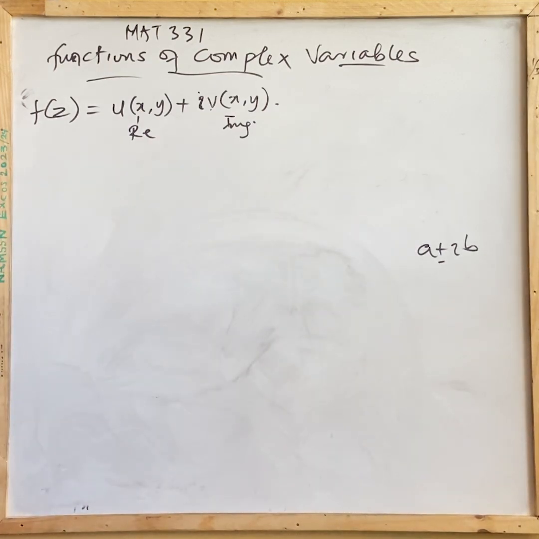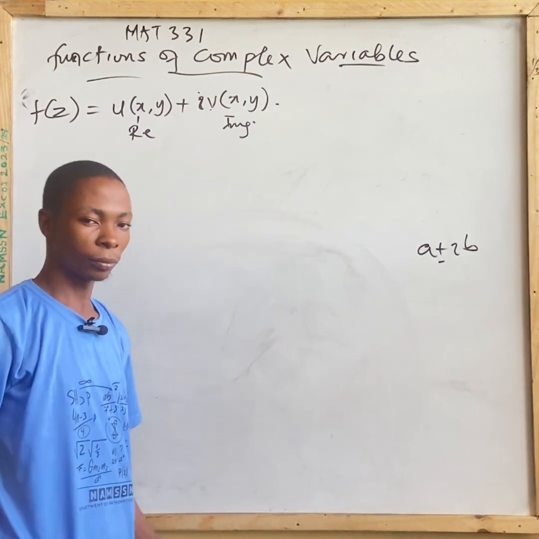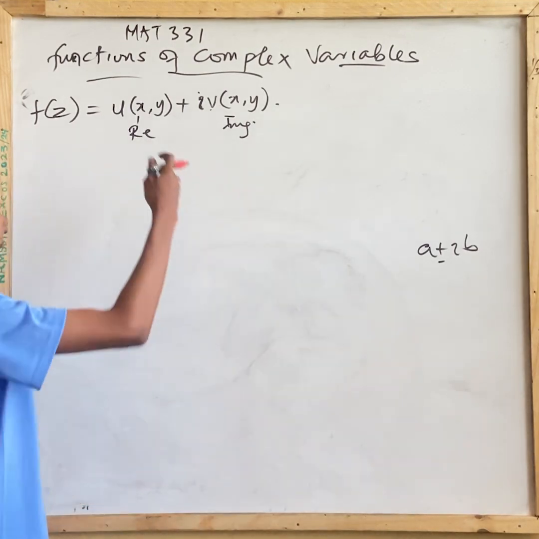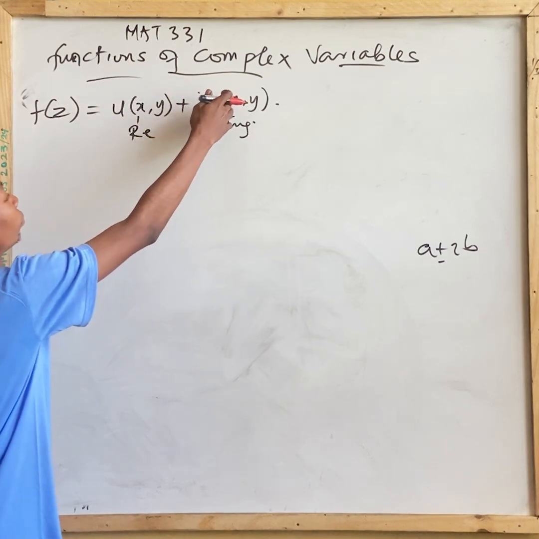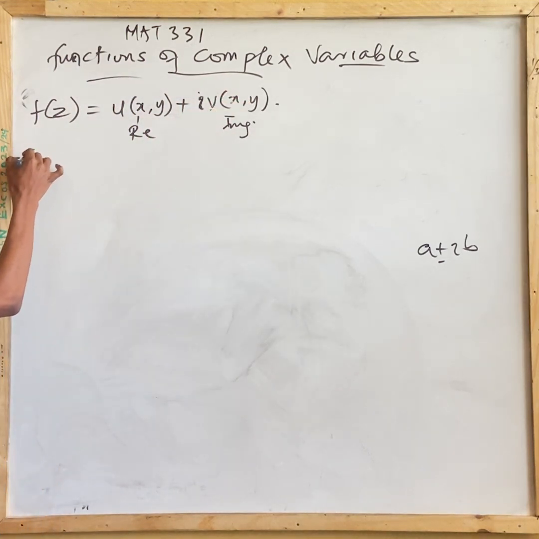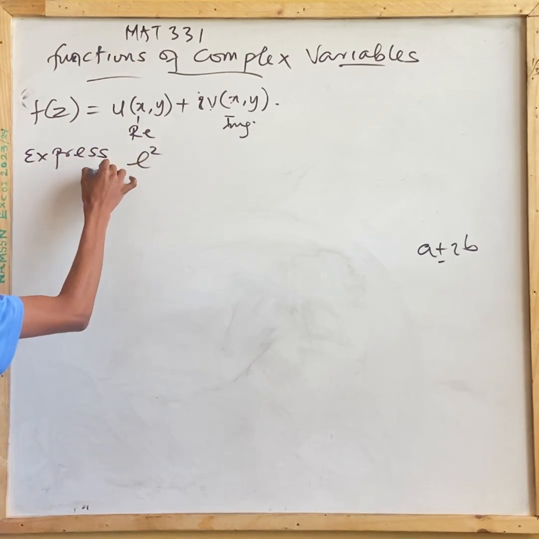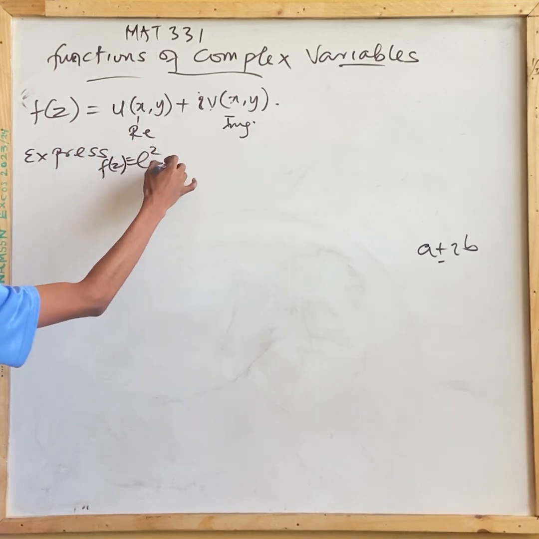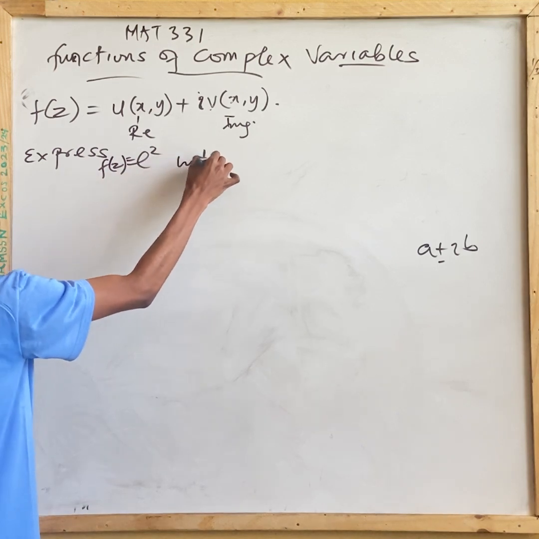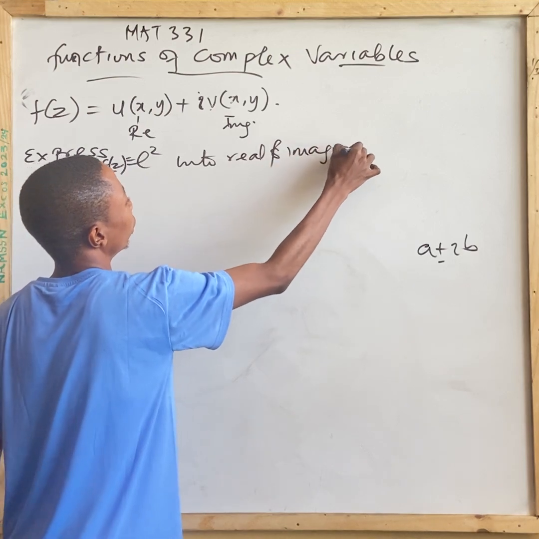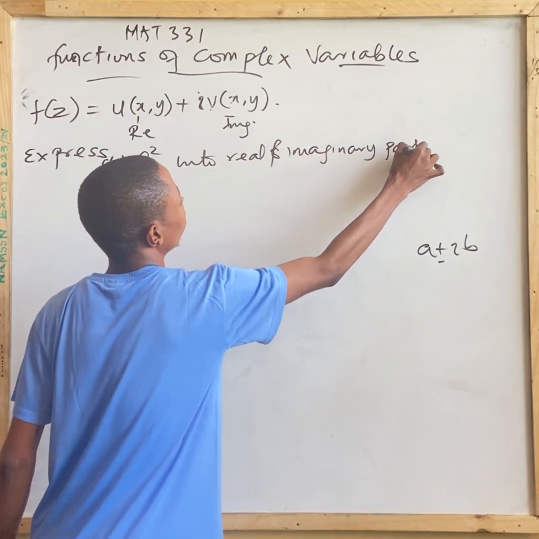So the first thing we need to know is how to change an expression to u and iv. Let's start, for example, by expressing f of z equals e raised to power z into real and imaginary parts.